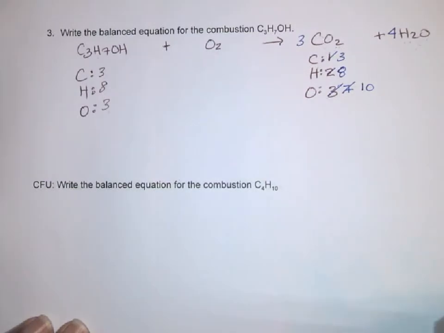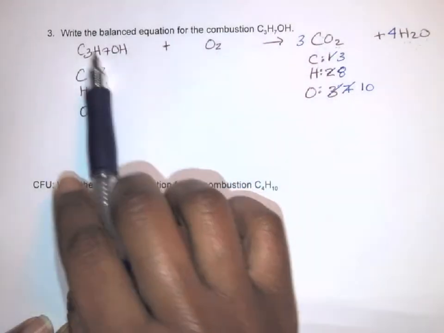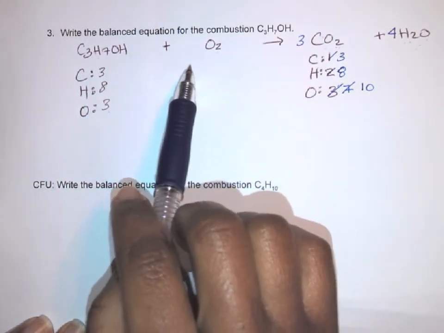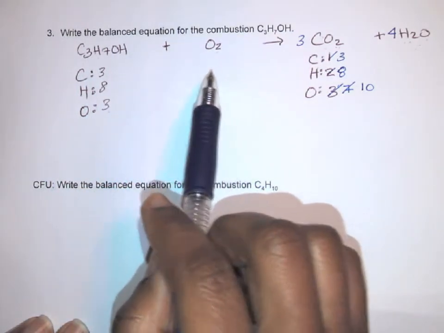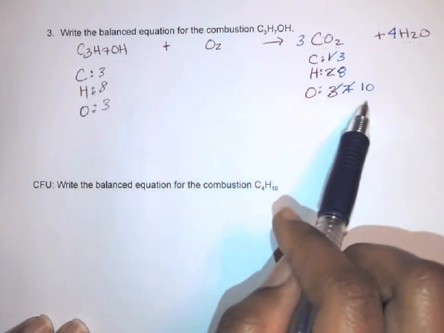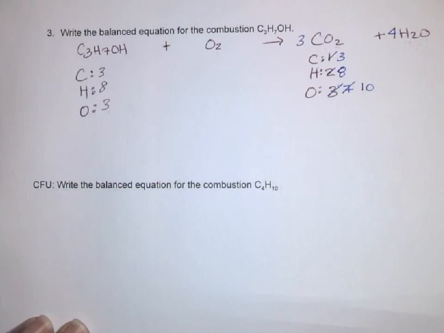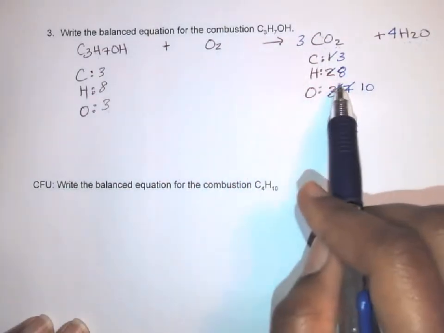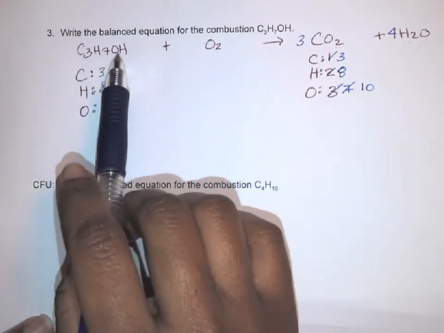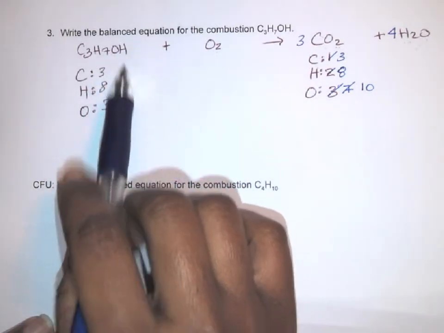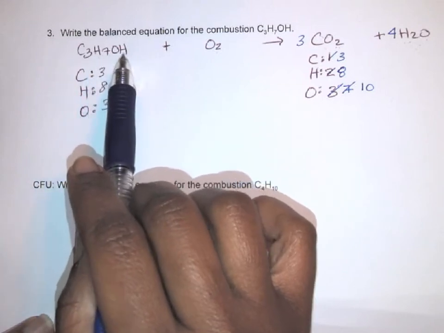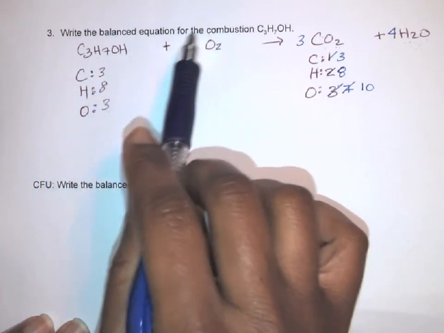And now we're up to the part that can get a little tricky when an organic molecule has oxygen in it. But like I said, we'll get through it. The thinking is still the same: we want to figure out which coefficient we can change to get the same number of oxygens on both sides. I have 10 on the product side, so I want to aim for 10 on the reactant side. The only thing is that on the reactant side, one of my oxygens comes from C3H7OH, and the other comes from O2.